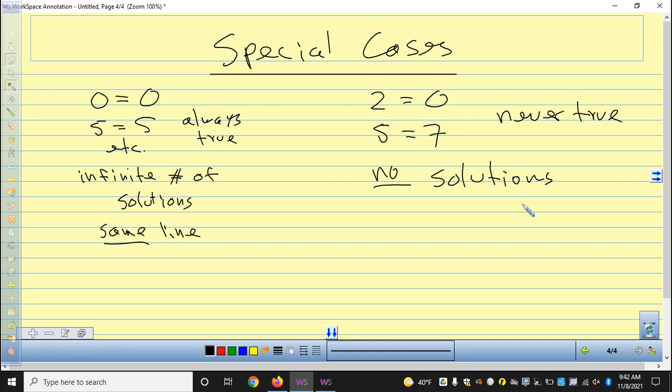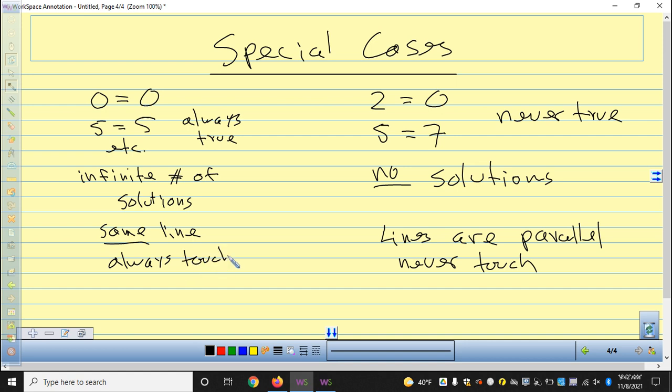If we graph those two lines, that tells us the lines, do we remember, are, when we get no solution, they never touch. So what's the fancy word for that? Parallel. They're parallel. The lines are parallel. Never touch is definitely the way we could think of it. They never intersect. And I guess we could think of the other case as they always touch in every single point that they have.